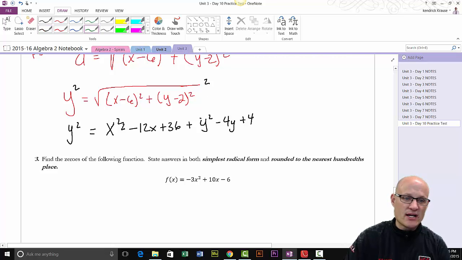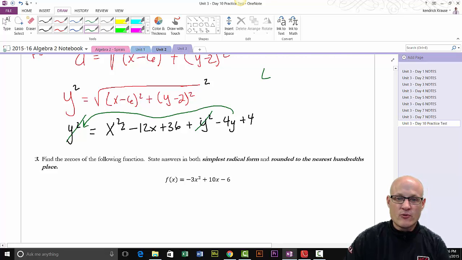Again, if we did this correctly, the y squareds are going to cancel. I'm going to bring this 4y over to this side, so I get 4y equals. Now I got to combine things. X squared is just by itself. X squared minus 12x. Well, this goes to the other side, so it's minus 12x. And 36 and 4 make 40, so plus 40.